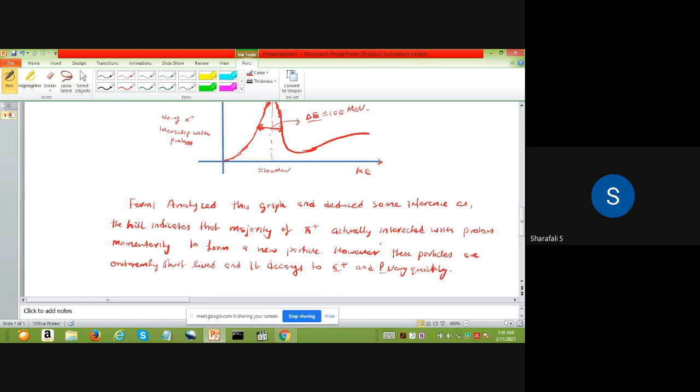That is what is happening. This is his inference from this particular graph.